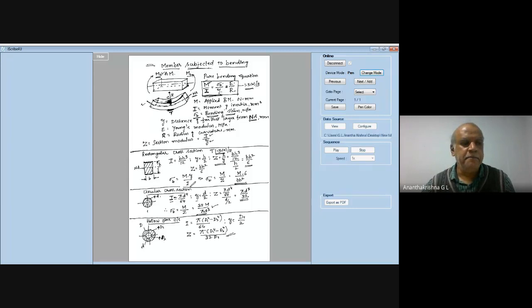Is that okay? Please note down this much into your notebook. These are all very, very important things that we should know before we get into the full-fledged design. Please note down: D1 is outer diameter, D2 is inner diameter.